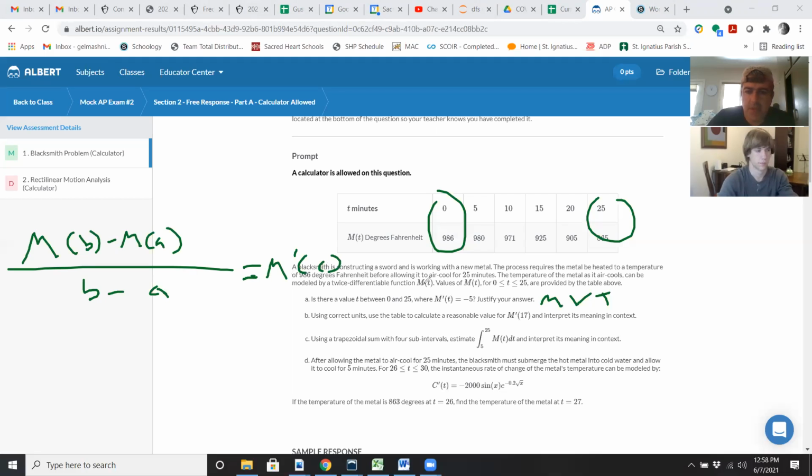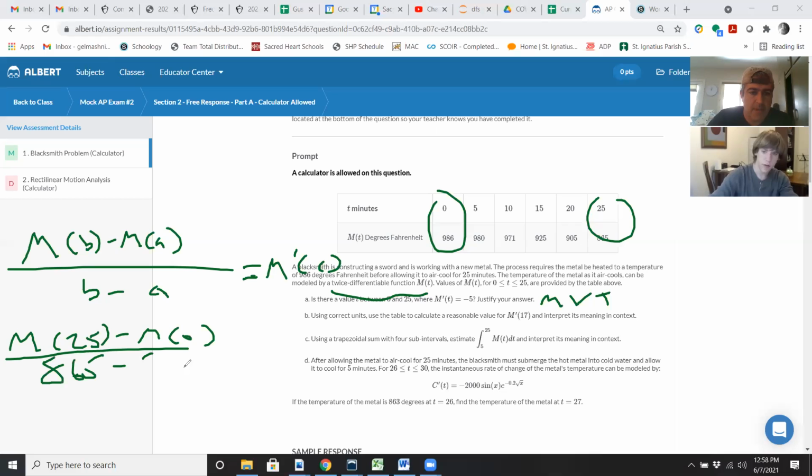where c is going to be some value between 0 and 25. This is part of the mean value theorem. So the average rate of change will equal the derivative. And this has to be true for differentiable and continuous functions. And you're told it's twice differentiable, so you can do the second derivative. So if I do M of 25 minus M of 0 over 865 minus 986, sorry, over 25 minus 0, what?